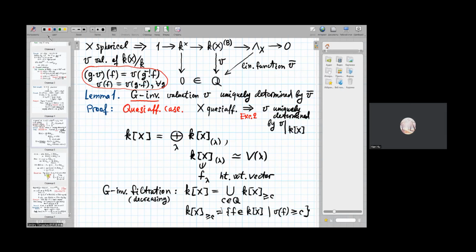So if you have V1, V2 G invariant valuations and they are different, then V1 bar and V2 bar are different. This is what lemma 1 claims. This is exactly the statement of lemma 1 in different words. And this is what we are proving.